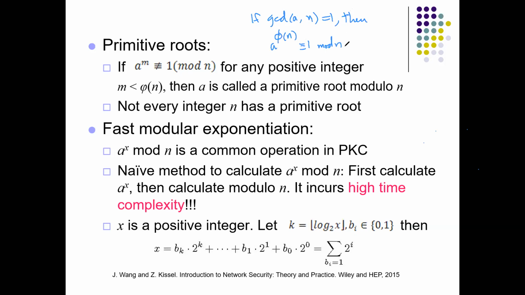The second bullet: if a to the m's power mod n is not congruent to 1 mod n for m less than phi of n, then a is a primitive root.